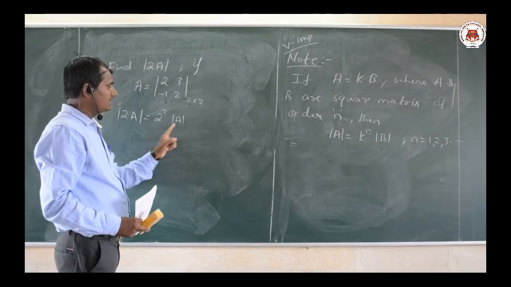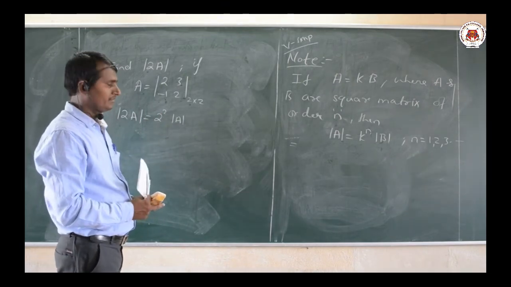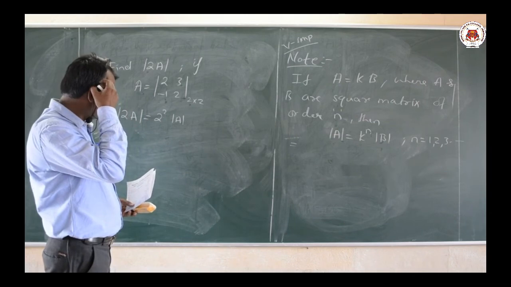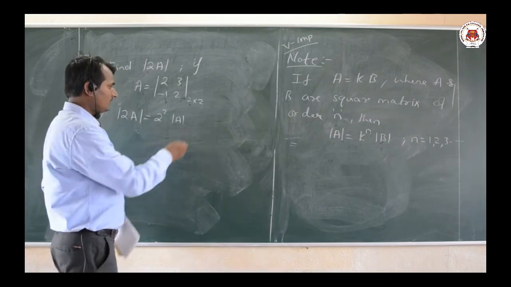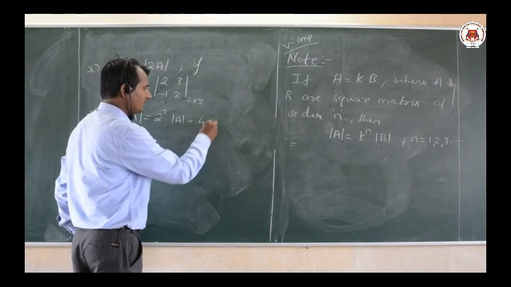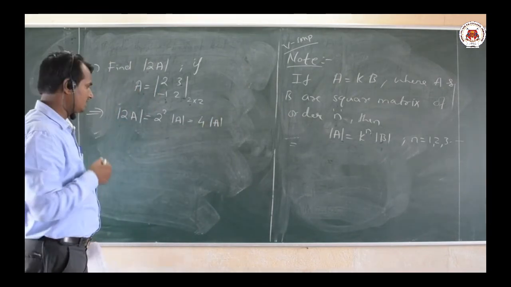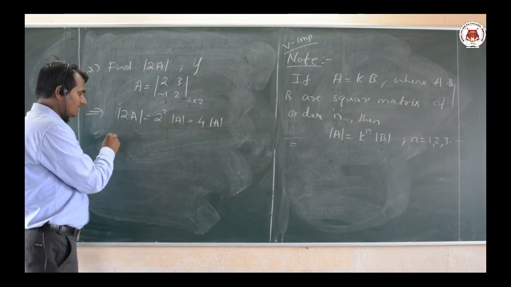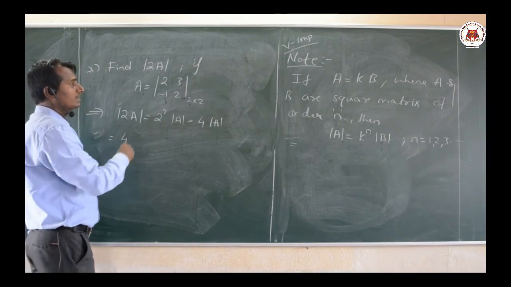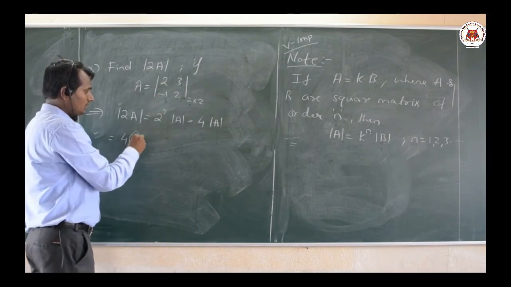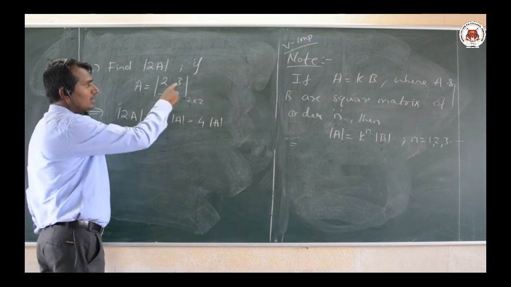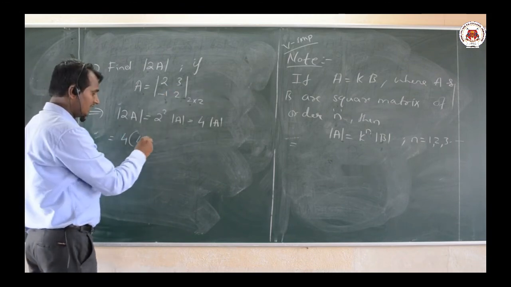Now we can easily find the value for the determinant of A, which is equal to 4 into the determinant of A. Let us find it: 2 twos are 4, minus 1 into 3, that is minus 3, minus into minus gives plus 3.